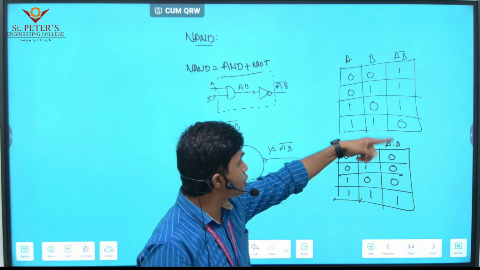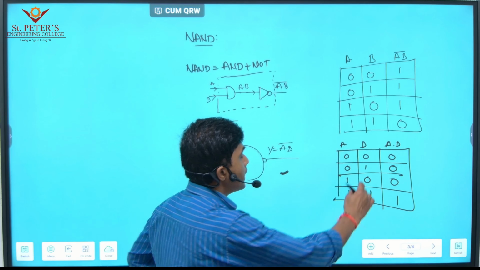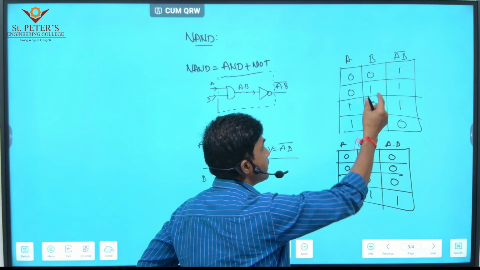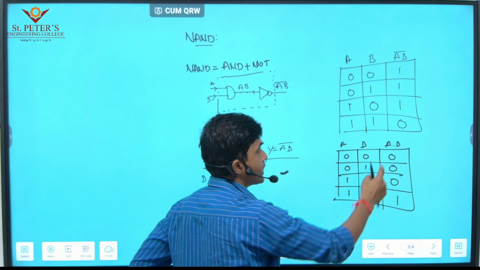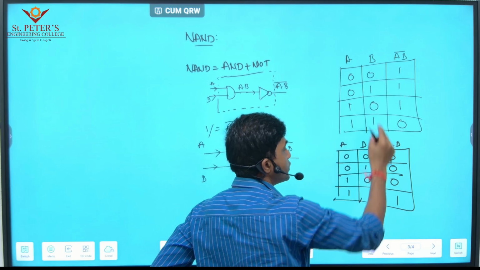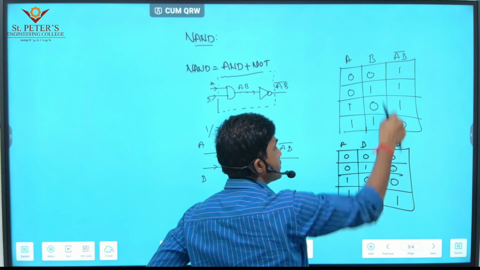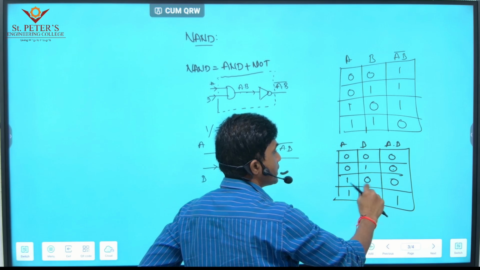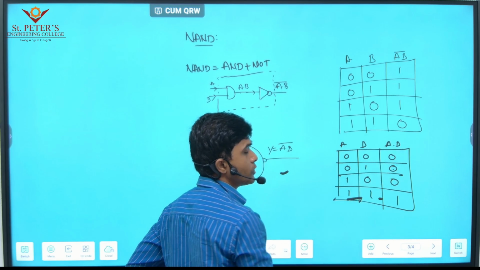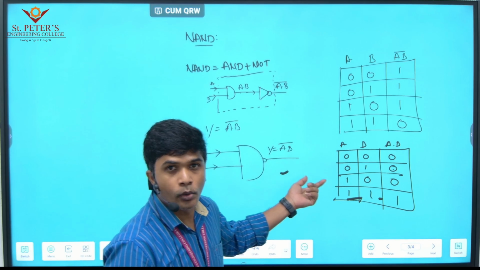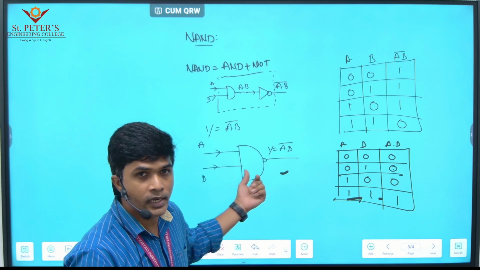If you observe these two truth tables, the NAND gate truth table is exactly the complementation of your AND gate. Here you have 0, here it became 1. Second 0, here it became 1. And third row 0, here it became 1. The last 1 1, it became 0. So NAND is nothing but the complementation of AND.